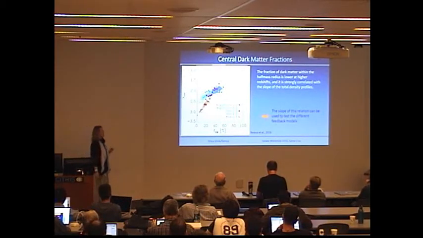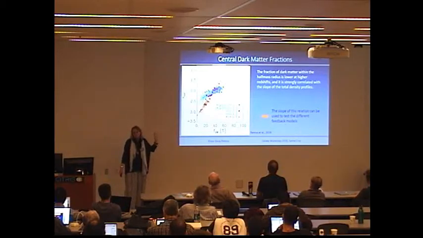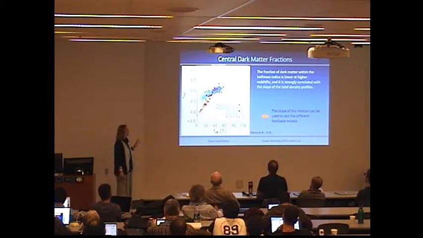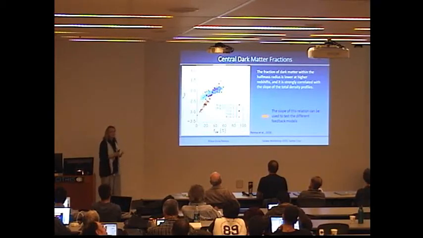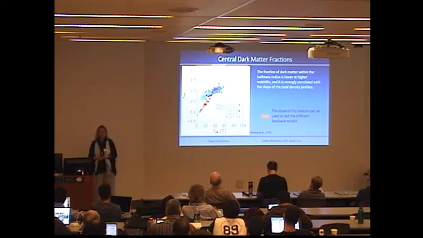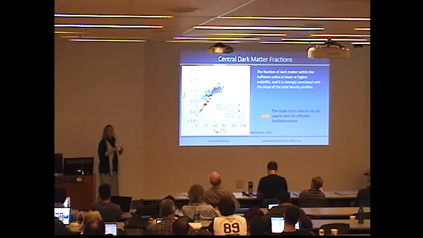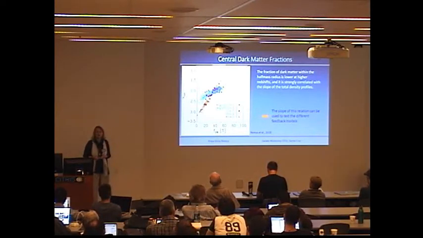Density slopes are cool for several reasons. One is because you can get information about the recent accretion history, but also because you can compare it to other things. And one remarkable thing is you can correlate it with the dark matter fraction within the effective radius. And this is interesting because you see that you get a very tight correlation between these two parameters, depending on the feedback that you have in.